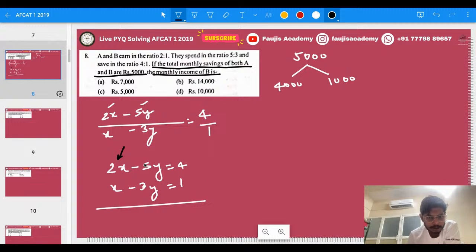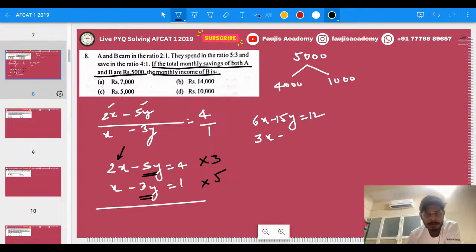To eliminate y, we'll have to make these two terms equal. Can we simply multiply it by 3? Then this equation becomes 6x minus 15y is equal to 12, and this one we'll multiply with 5 and not 3.